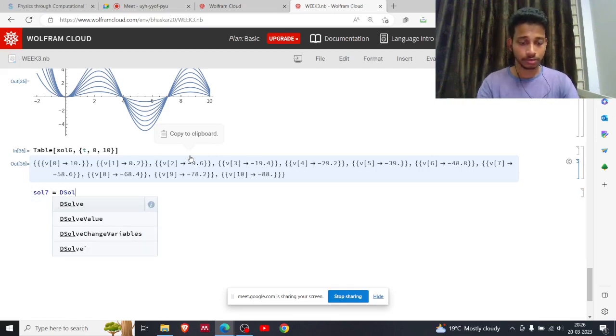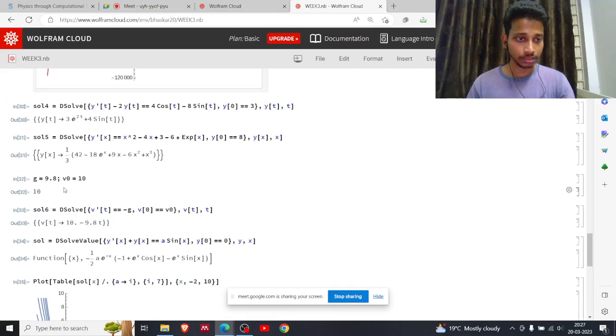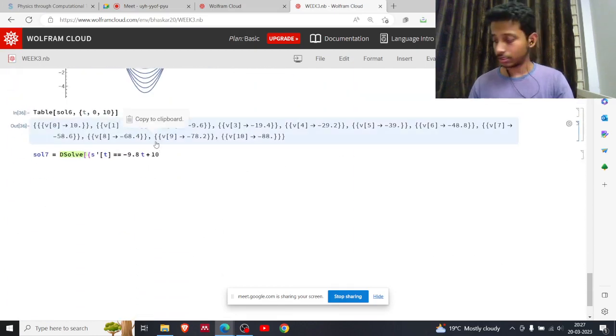Now again we will use the dsolve. Now s of t, so here we are going to solve for the displacement, where the velocity or the first derivative of displacement is equal to minus 9.8, which is g actually, plus 10. So this is basically the same equation here, 10 minus 9.8 t.